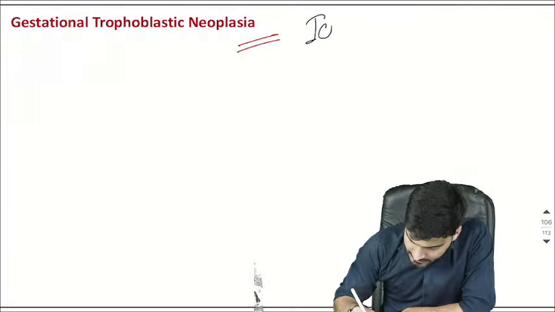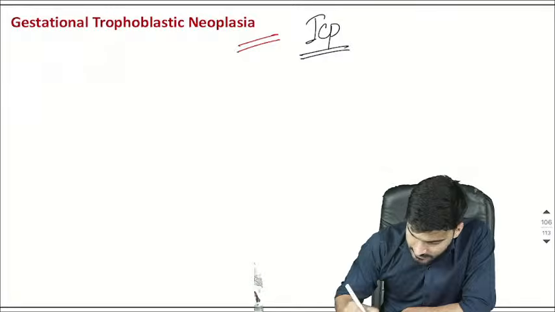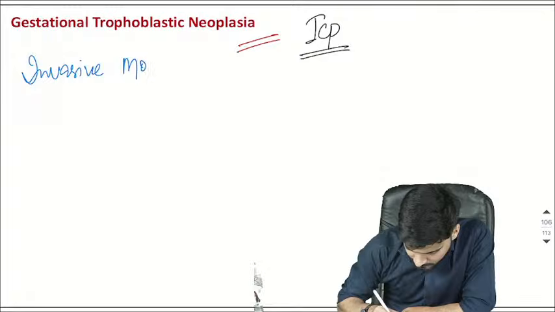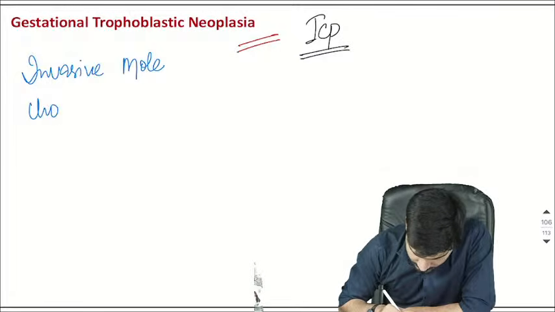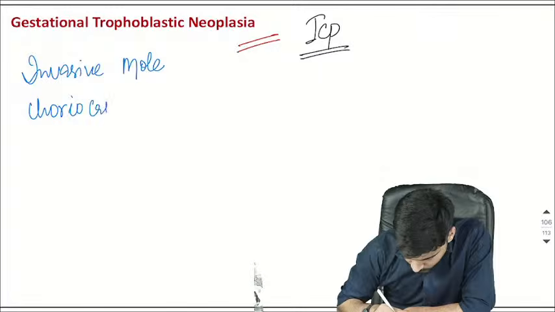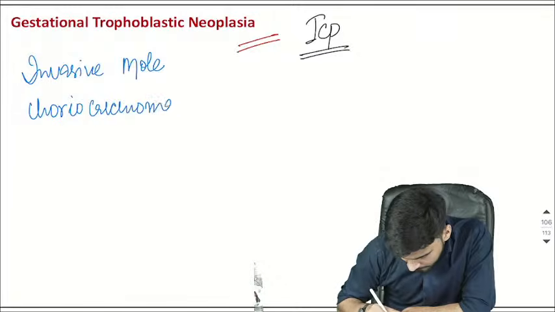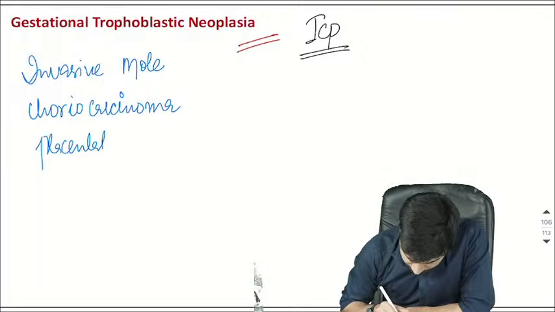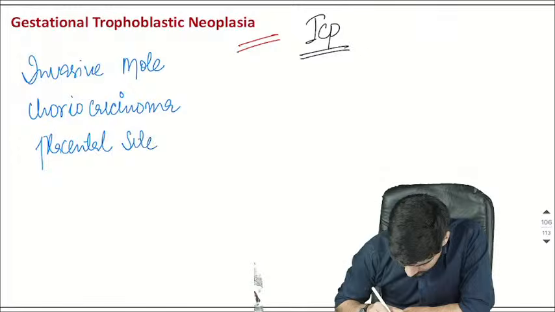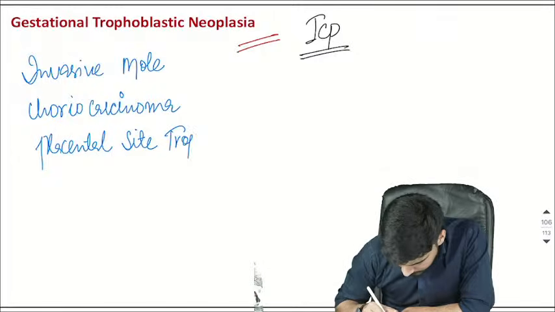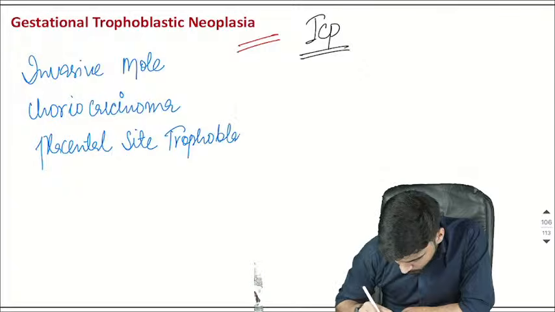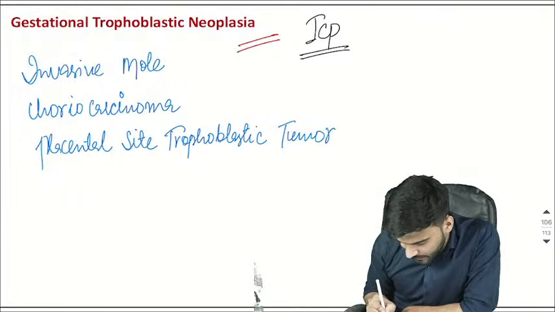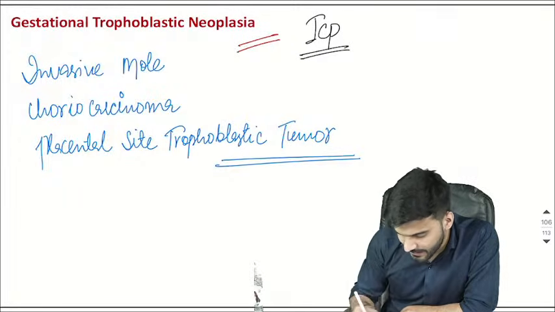Remember ICP, that is invasive mole, next one is choriocarcinoma, and we have the placental site trophoblastic tumor.